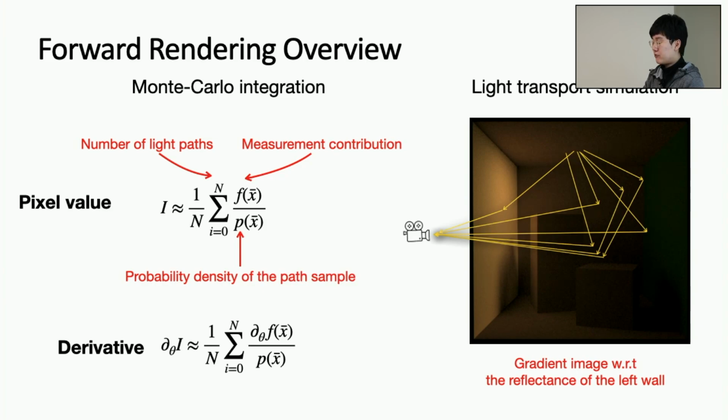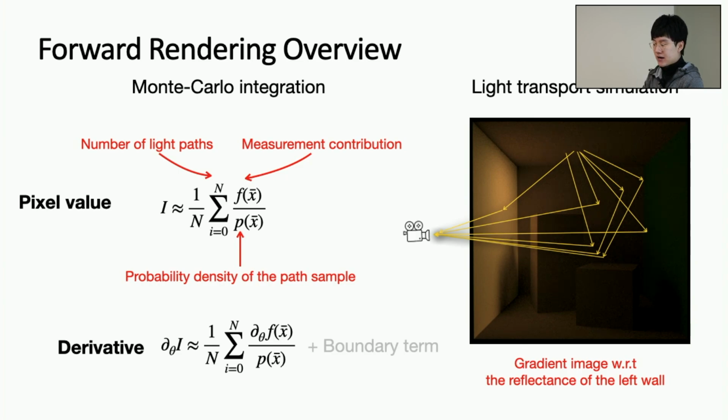Differentiating this integral will result in a boundary term on the right-hand side. But since this boundary part is not the performance bottleneck, we will omit it here for simplicity. Also notice that the sampling probabilities are independent of the parameter theta, so we don't need to compute the derivative here.